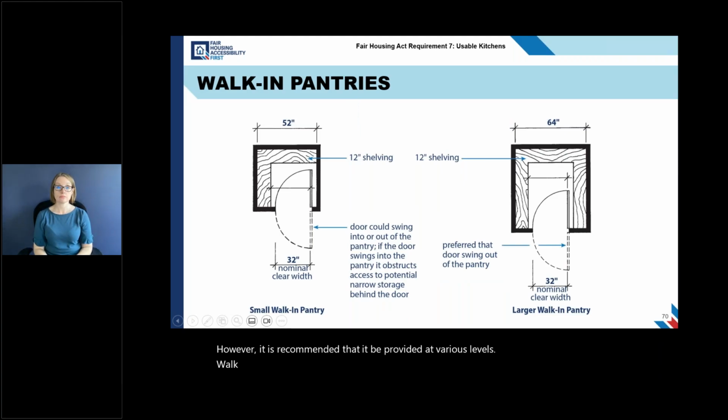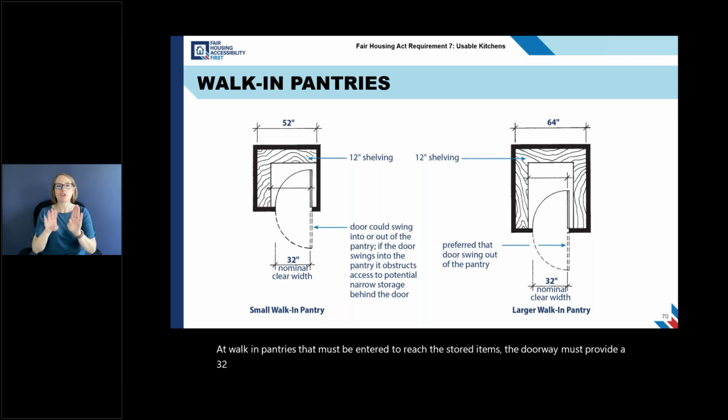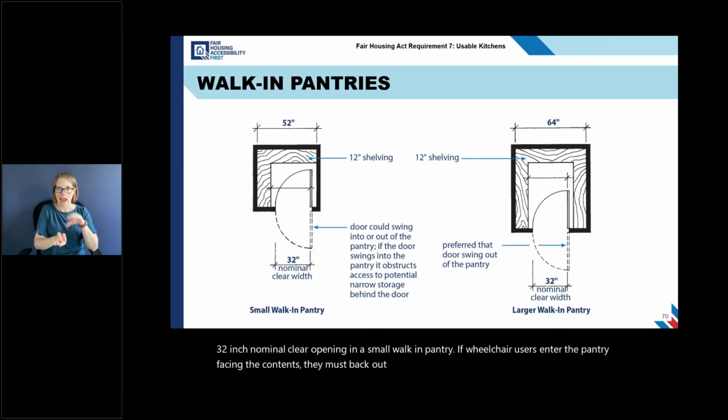Walk-in pantries. At walk-in pantries that must be entered to reach the stored items, the doorway must provide a 32-inch nominal clear opening. In a small walk-in pantry, if wheelchair users enter the pantry facing the contents, they must back out of the space.